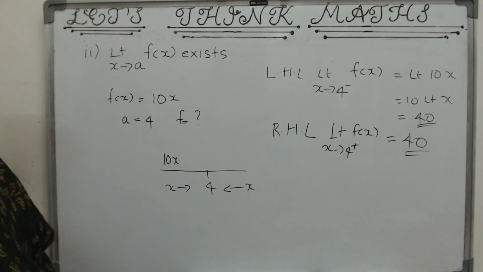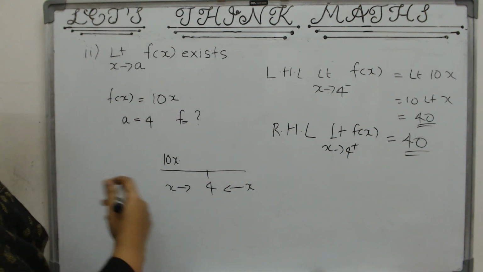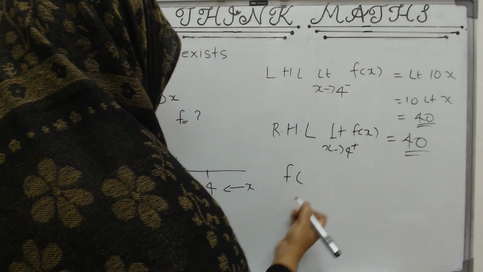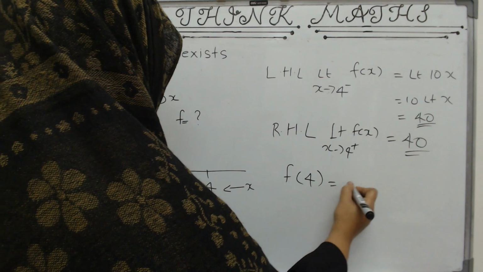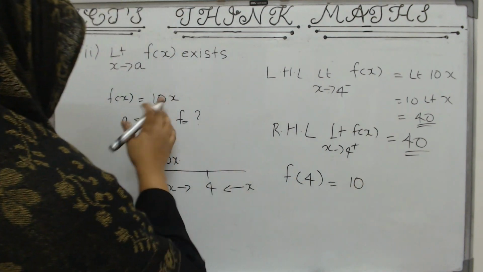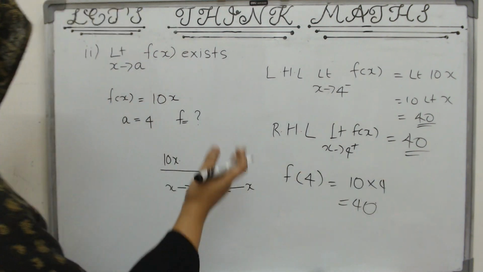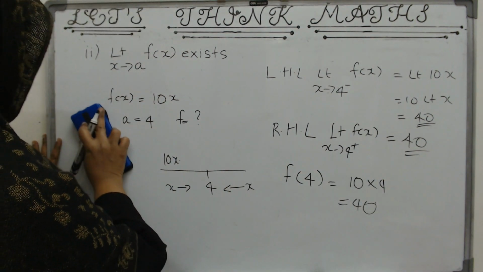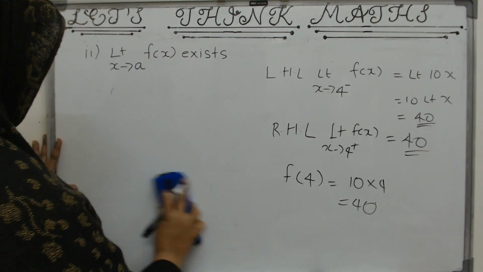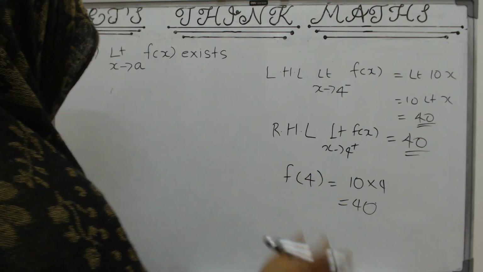So now you can also check the first condition. What was your first condition? f of a must exist. So what is f of 4? Instead of x, put 4: 40. So you see, this actually satisfies all the conditions of continuity. What was that? f of a exists.